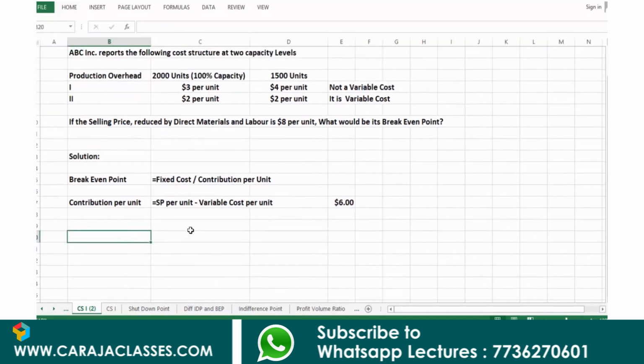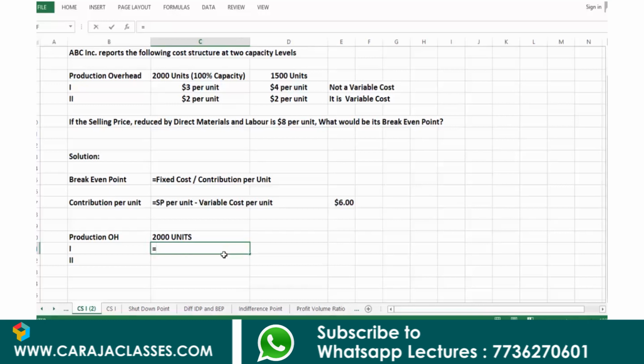Let's find the production overhead in terms of value, not merely per unit. I'll write here 1, 2. When you have 2000 units, your production overhead is $3 per unit multiplied by 2000 units, so it's going to be $6,000.